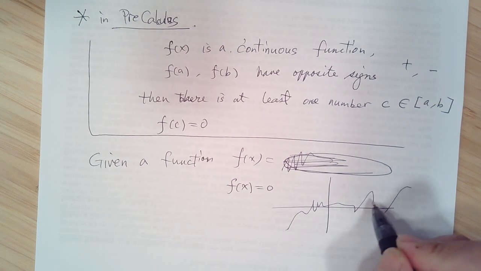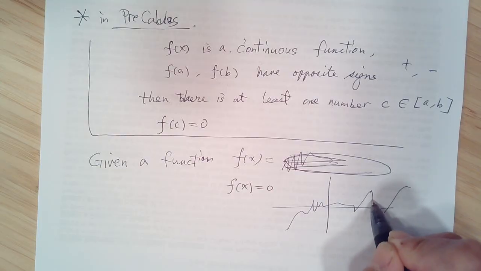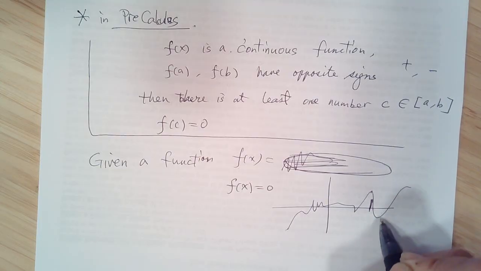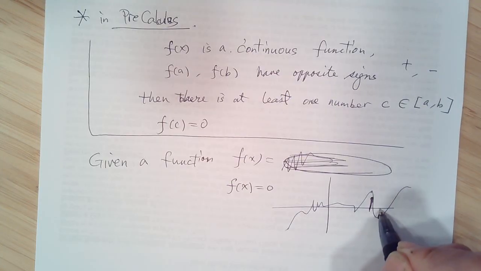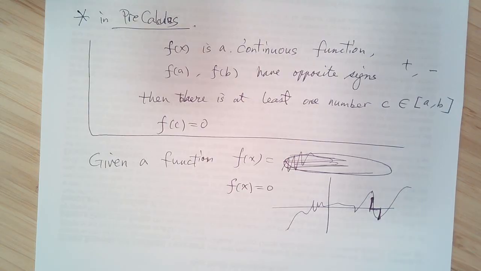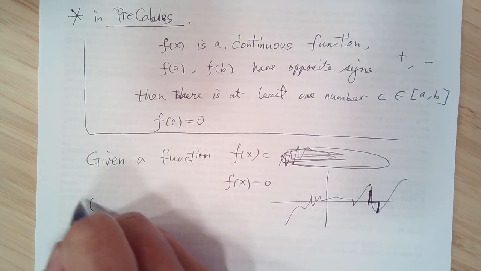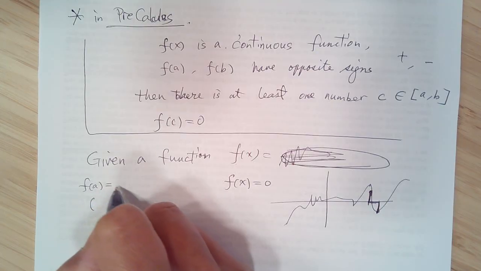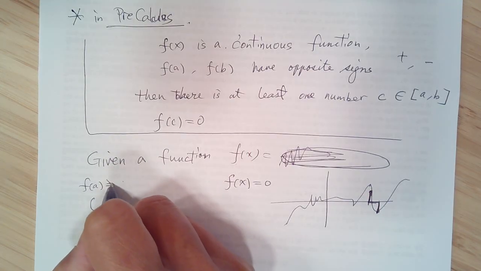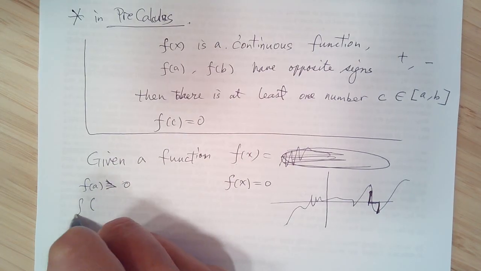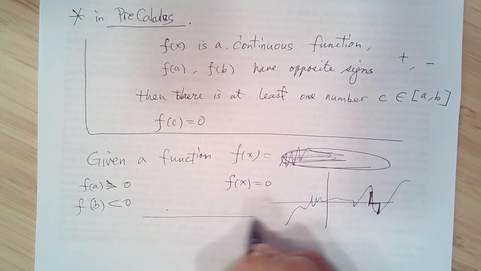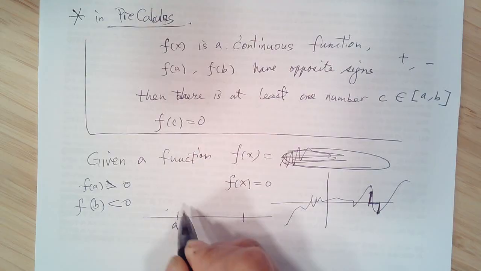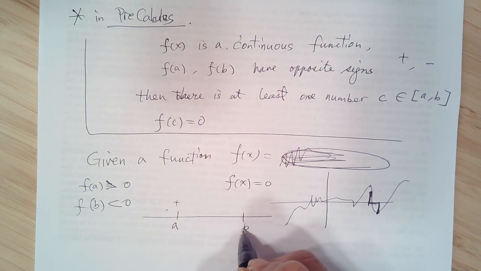Now how do you find the solution? Here's the tricky part. You find a number A and another number B. If f of A is positive and f of B is negative, then there must be at least one zero between A and B. So we get an interval here: A positive, B negative.